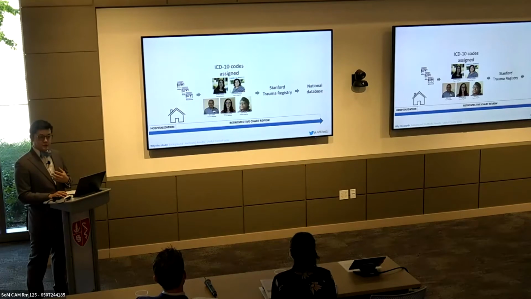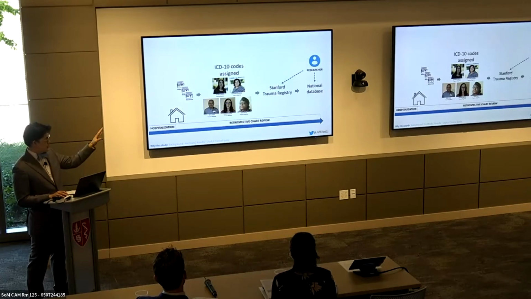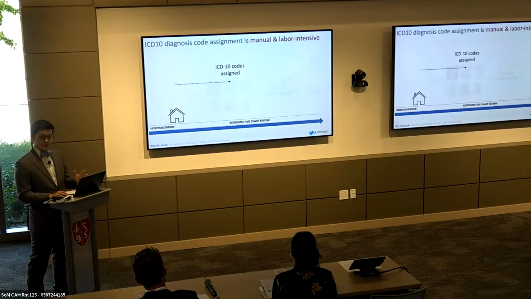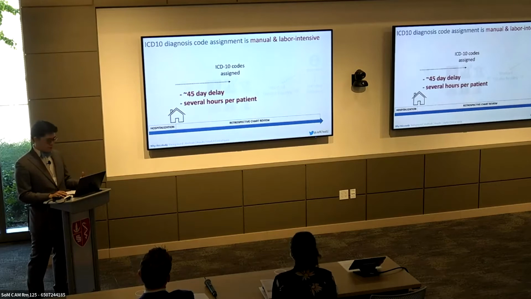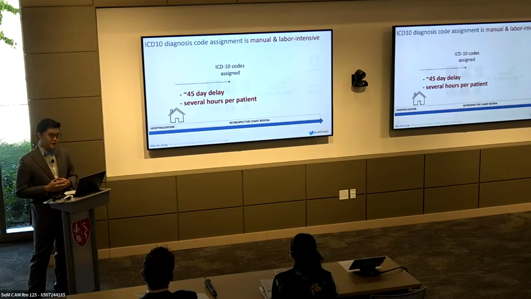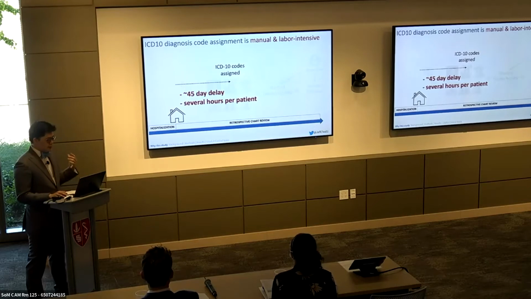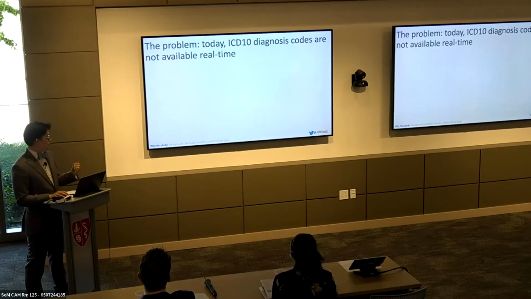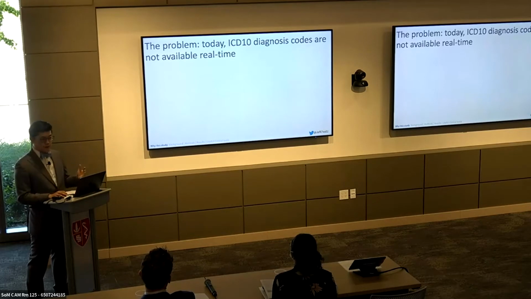And as researchers, we access ICD codes really downstream here. So this process is very labor intensive. ICD codes are often not assigned until more than a month after patients leave the hospital. So today, despite surging interest in clinical prediction tools, their necessary input variables, ICD codes, are not available real time. So it's a big problem that we have right now.